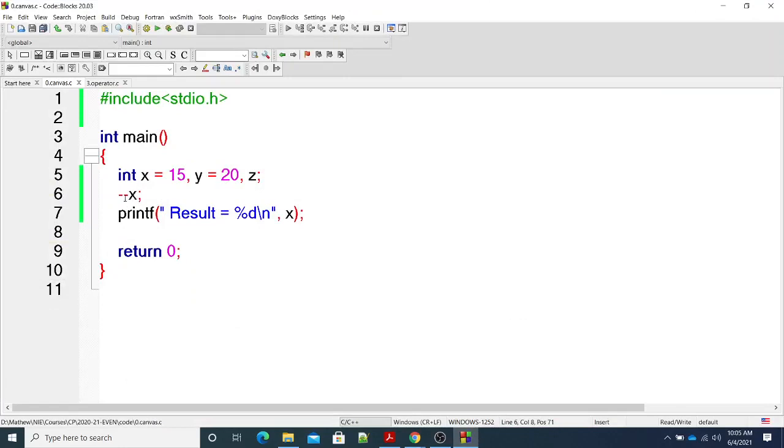I can demonstrate this probably. So I will use this. z is equal to x plus plus x, and I am going to display the value of z. So I am going to display both z and x. z equal to percentage d.